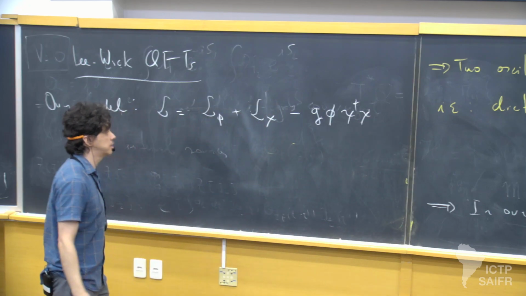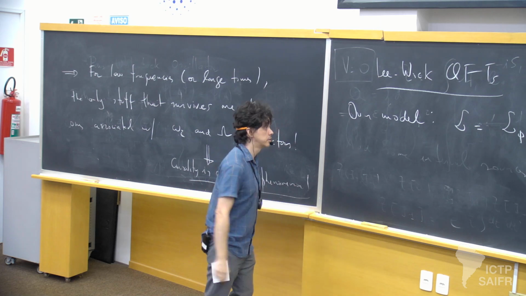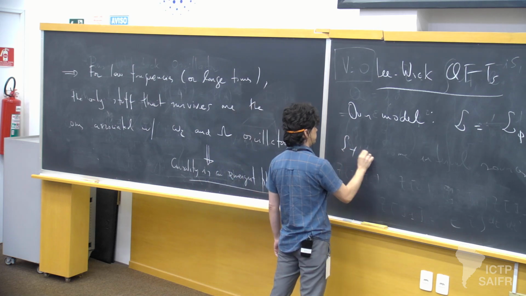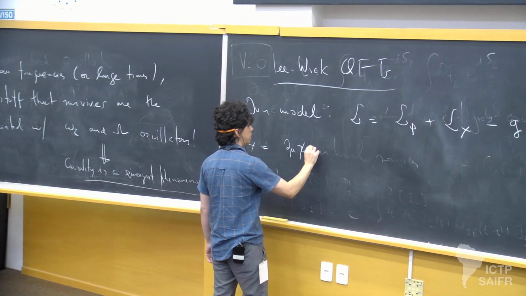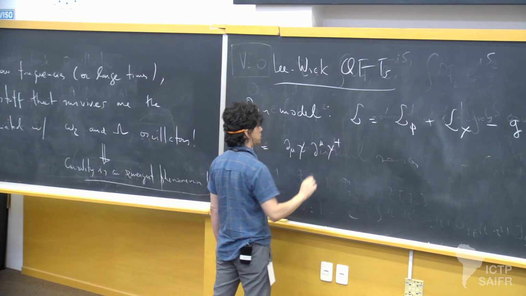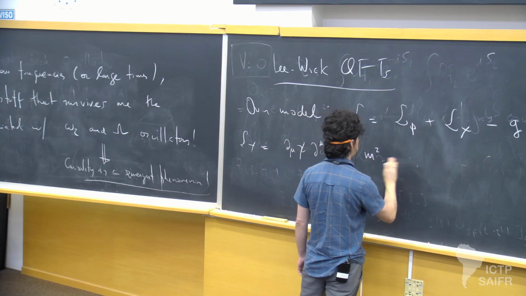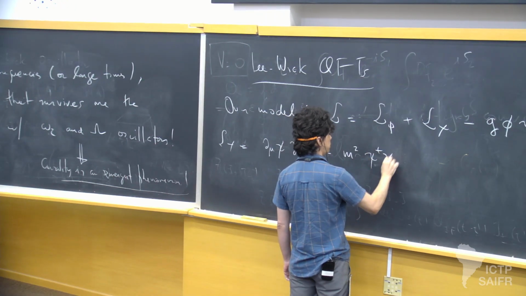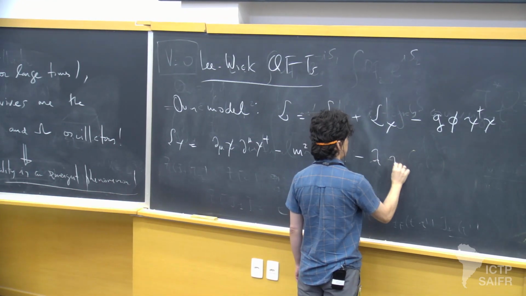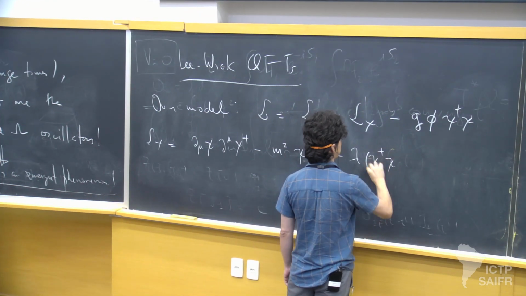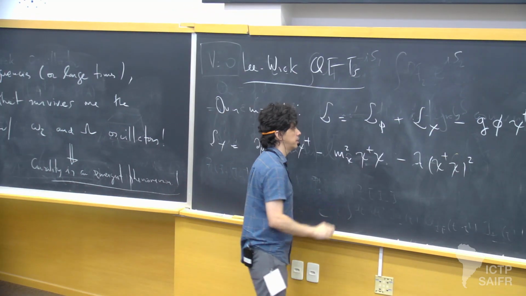Chi is a charged scalar field, so it's a complex scalar field. So L chi is just as normal as it can be: the kinetic term for chi and chi dagger, plus a mass term m chi squared chi dagger chi, perhaps a self-interacting term as well, chi dagger chi squared.